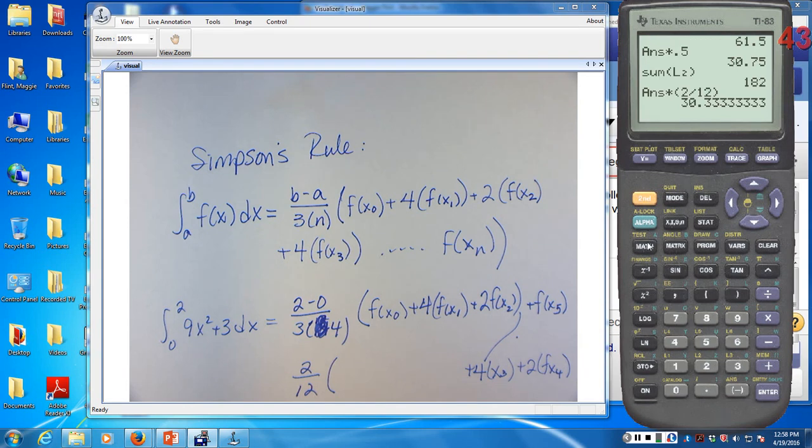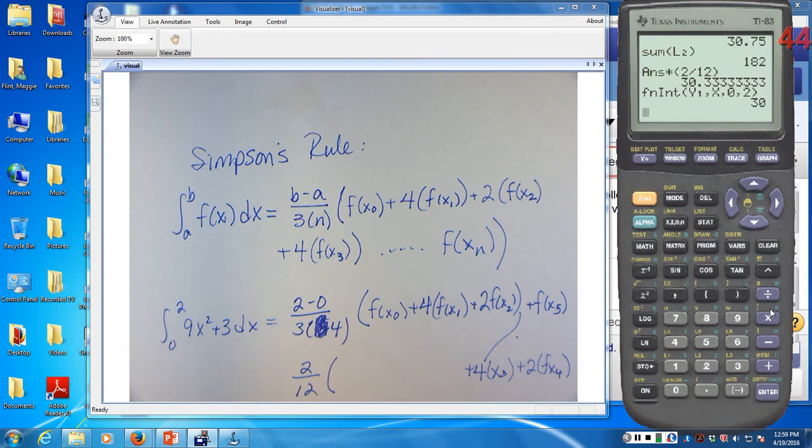We'll just go back to math, find your numerical integral. The expression is in y1, with respect to x from A to B. And it says it's 30.